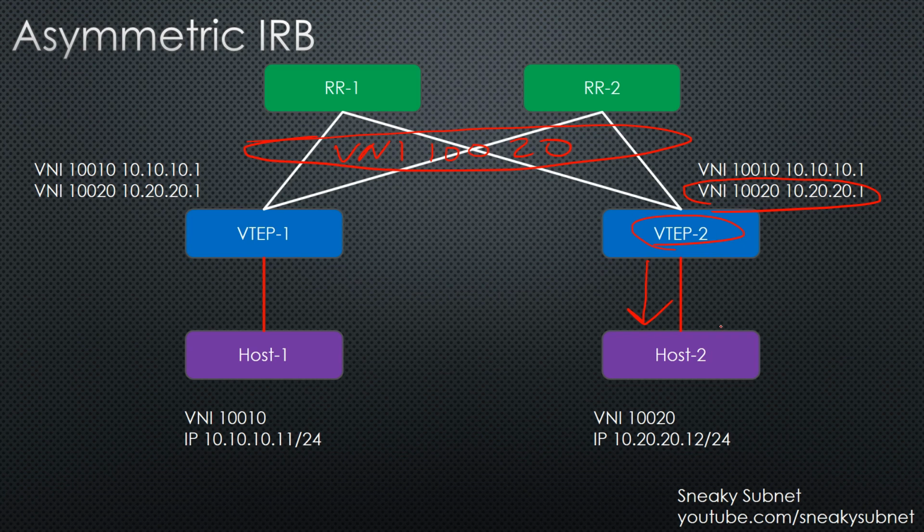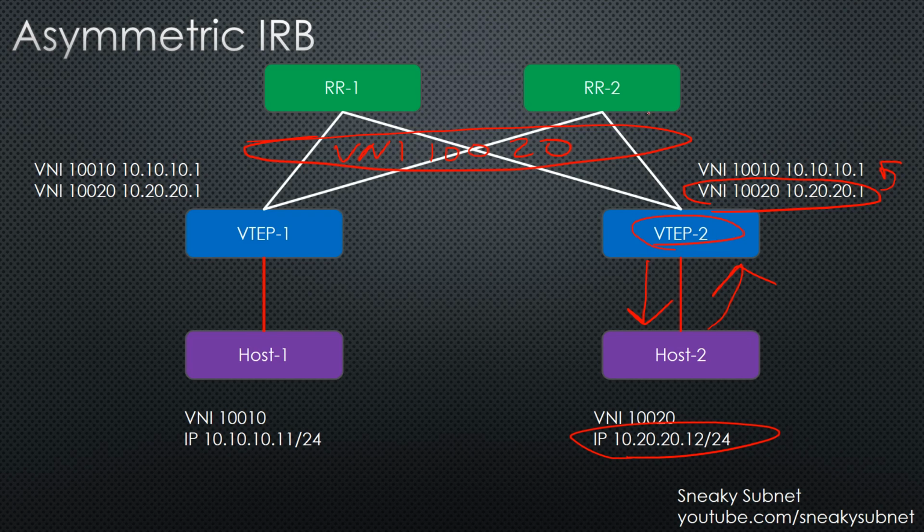Host number 2 receives the traffic and sends a reply, again to its default gateway, which is 10.20.20.1. VTEP number 2 makes the opposite forwarding decision. It routes from VNI 120 to VNI 110.